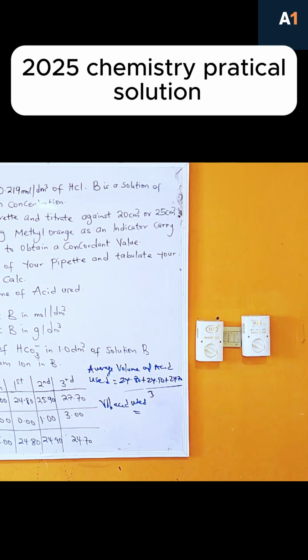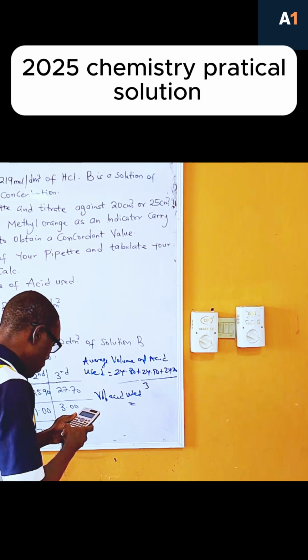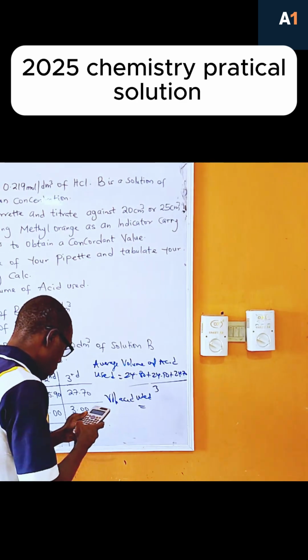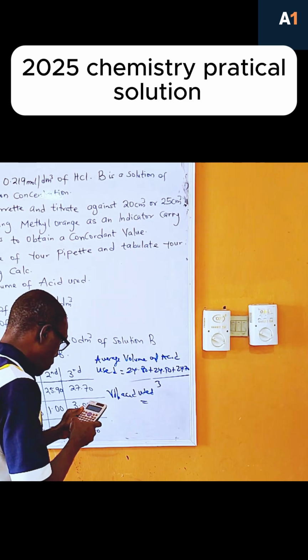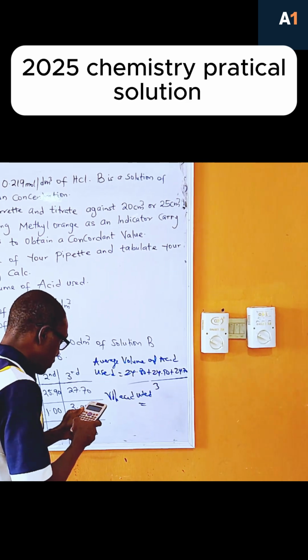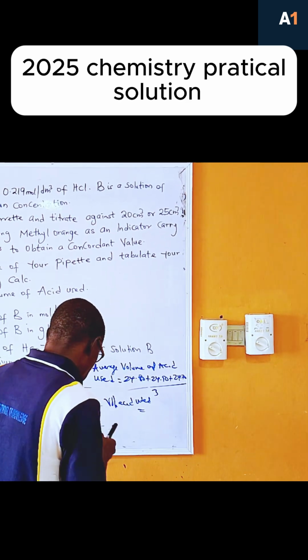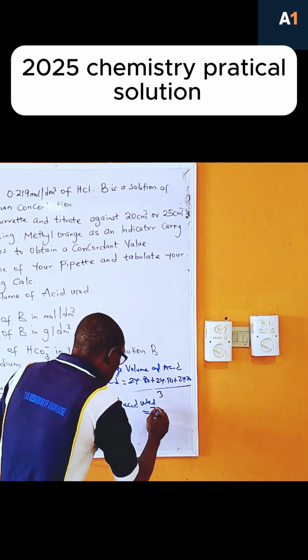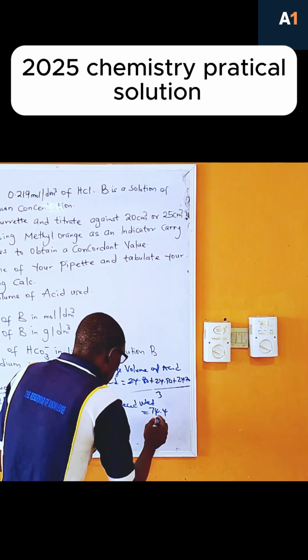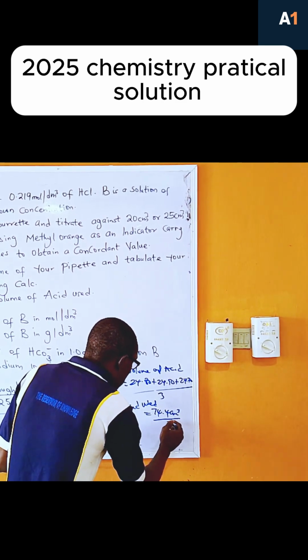So we have 24.8 plus 24.9 plus 24.7. We have 74.4 centimeter cube all over 3.